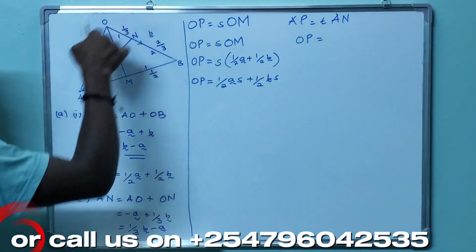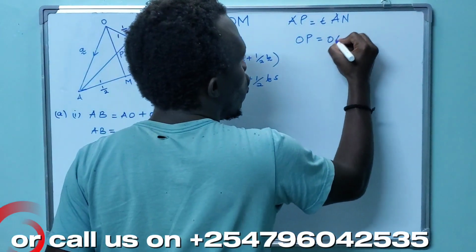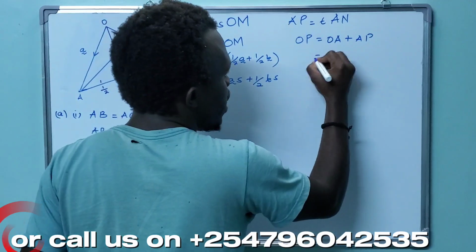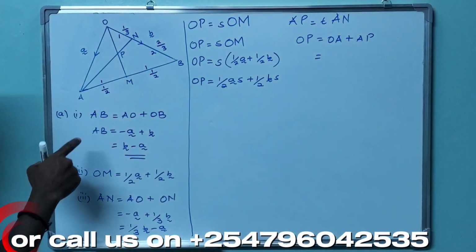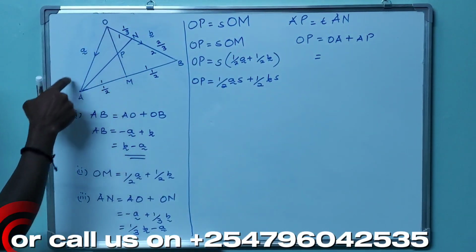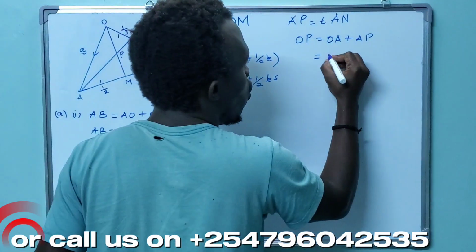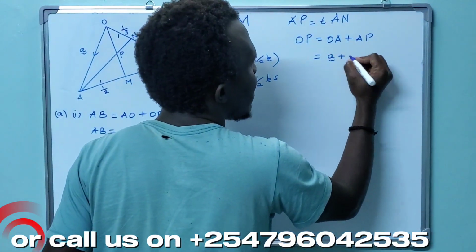So, OP is going to be OA plus AP. Do I know OA? Yes, I do know OA. OA is vector A, because I'm moving towards the direction of the vector, which means my OA is going to be vector A plus AP.